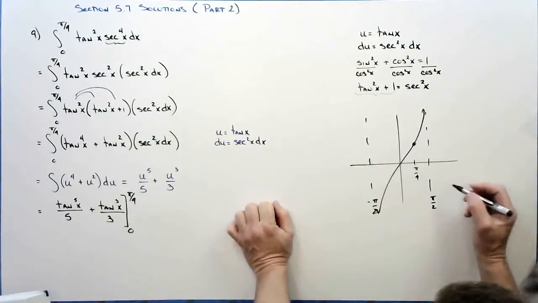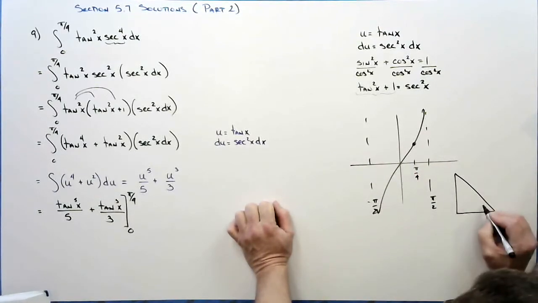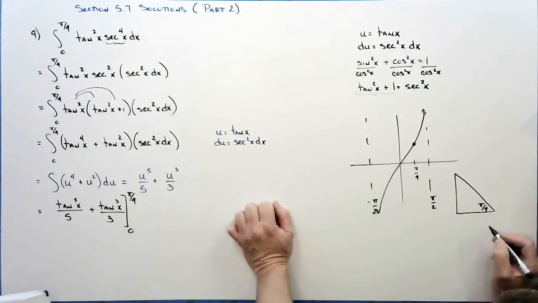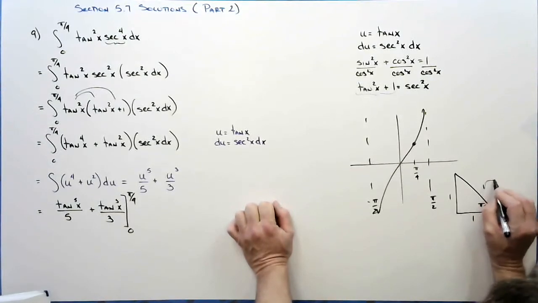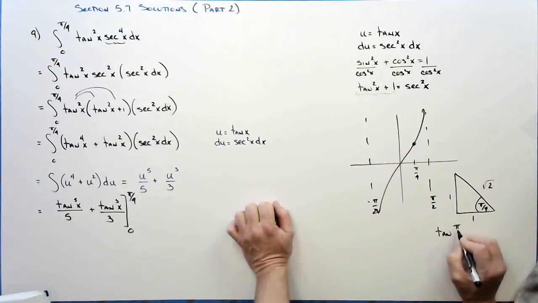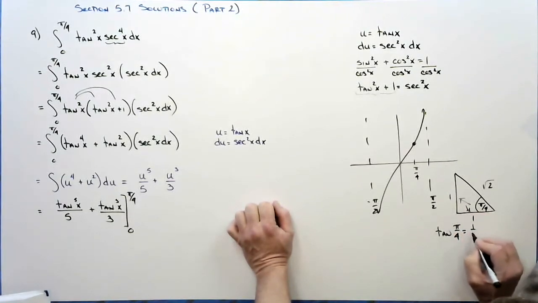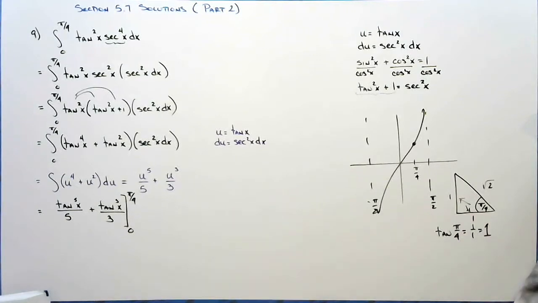Well, tangent of pi over 4 is 1. Now, if you don't remember that, of course, you can just draw your triangle. You need your special triangle for pi over 4. That's 1, 1, square root of 2. And therefore, the tangent of pi over 4 is opposite over adjacent, 1 over 1. We get 1.